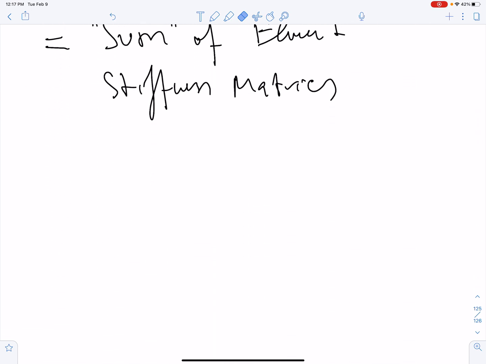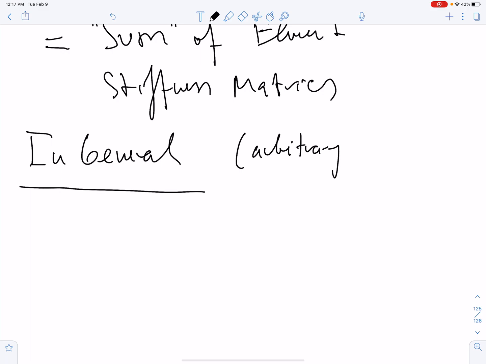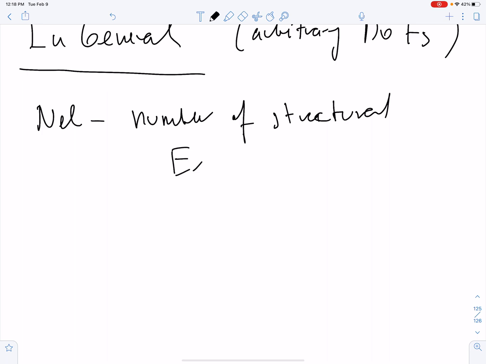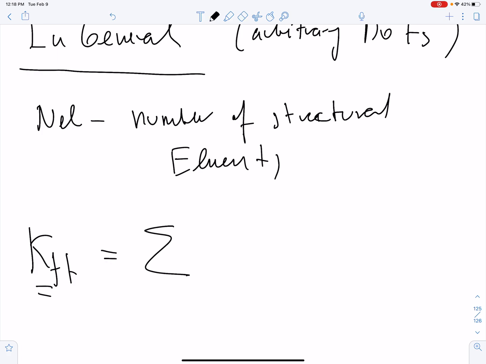And it means that in general, if you look at a structure with an arbitrary number of DOFs, an arbitrarily complex structure, and NEL is the number of structural elements employed, then KFF becomes the sum over E from 1 to NEL, not just of 2 as in the example.